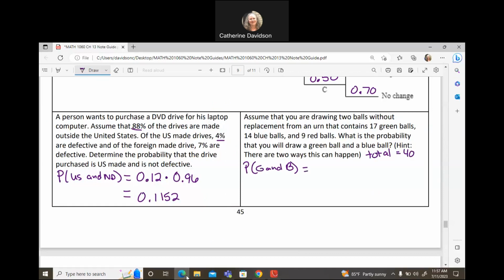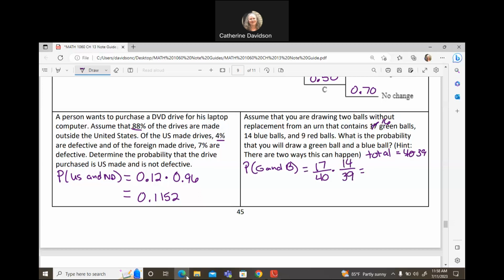All right. So the probability you draw a green, we have 17 out of 40. And then once you pull out the green, the total becomes 39. The second draw, you draw a blue one, so that's going to be 14 out of 39.